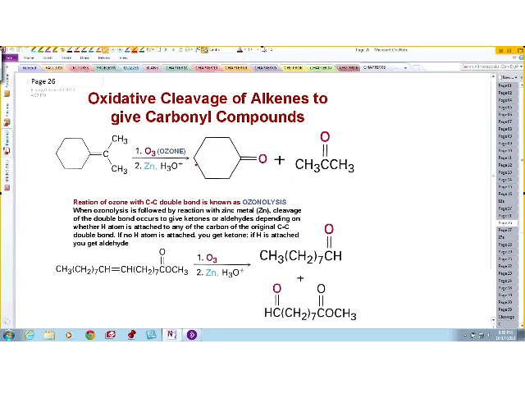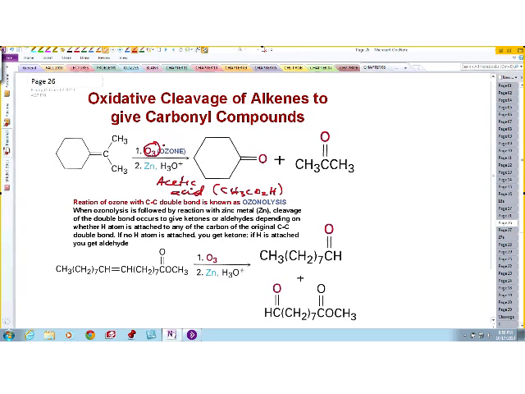In this case, I'm going to write it down for you. For the oxidative cleavage of alkenes, using ozone, this molecule here, and after the ozone reaction, you follow that up with zinc in some kind of dilute acid, or sometimes we use acetic acid, which is this here.